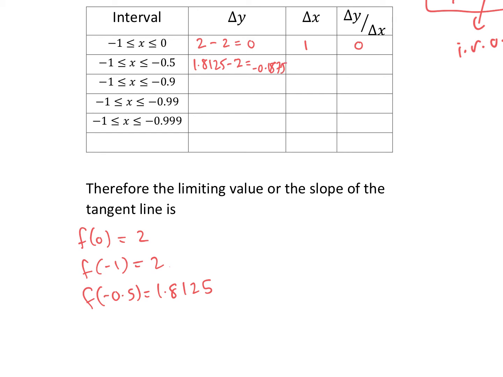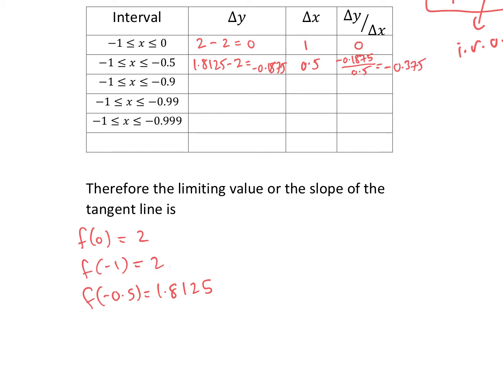I'm going to do delta x, so that's -0.5 minus -1, so +1 gives me positive, so always be careful of signs. And then my slope of that tangent line will be -0.1875 over 0.5.